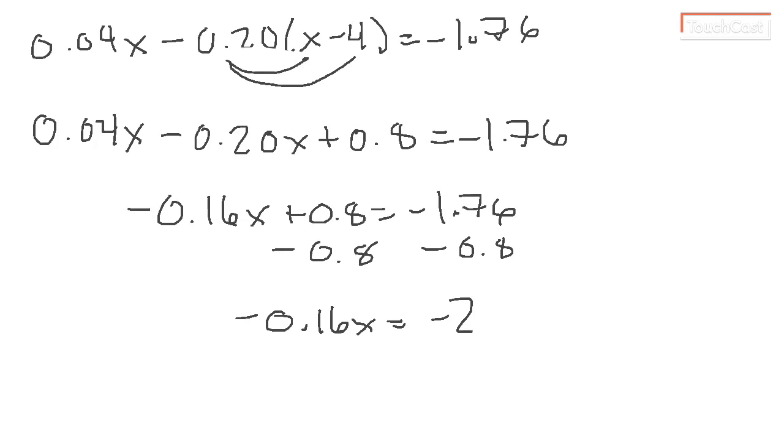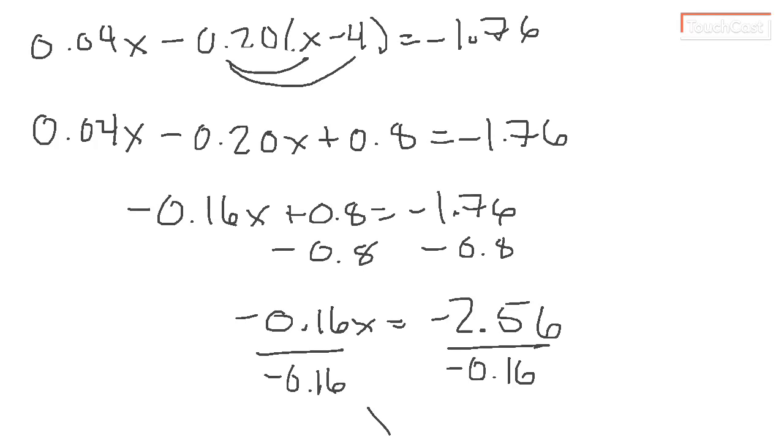Negative 2.56. We're going to divide that then by negative 0.16. And we're going to get x equals 16. So we're going to have 16 pennies.